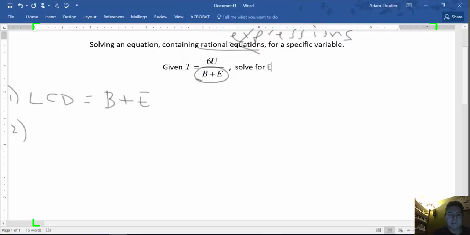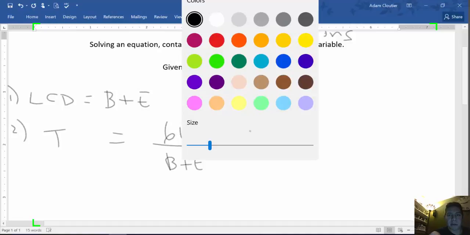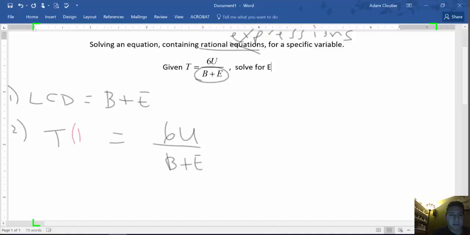So if I have t equals the quantity 6u divided by b plus e, I will multiply both sides by this LCD. And I'm going to use parentheses because I will have to distribute in order to get the final answer.